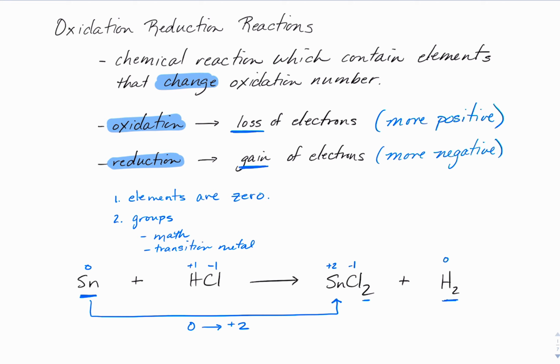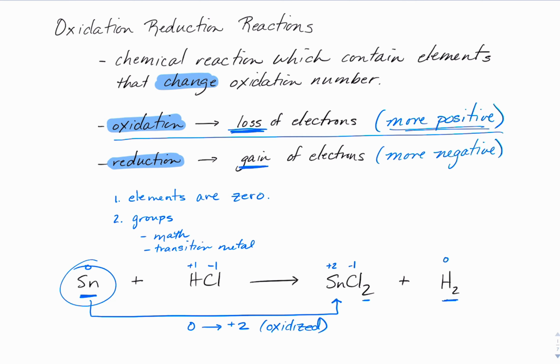And we want to determine essentially, is it oxidized or being reduced? We go through and look at the definition of oxidation. Something that becomes more positive and is losing electrons is considered an oxidized species. So we will say this is oxidized. And what is oxidized? That's the Sn element.